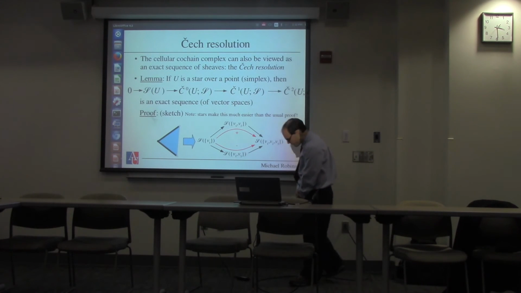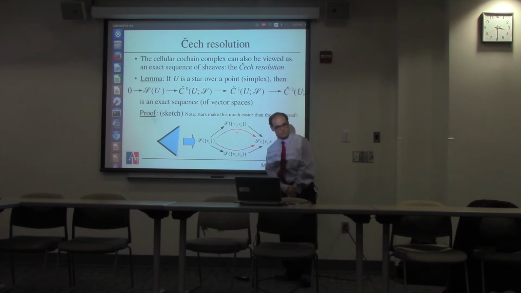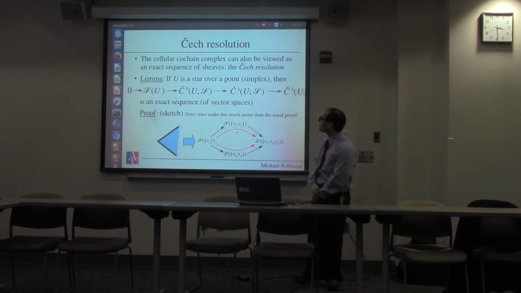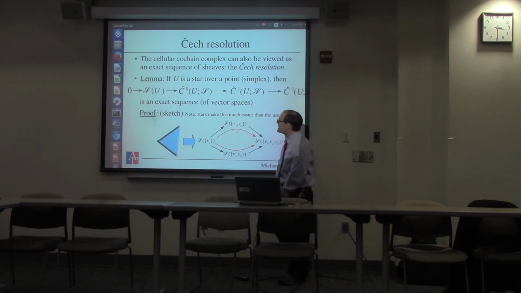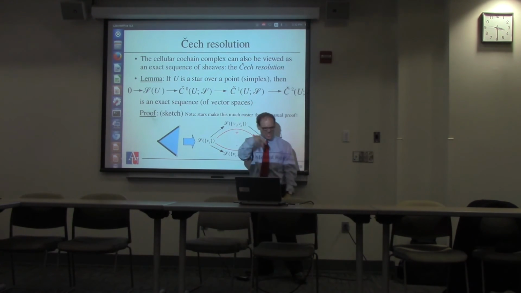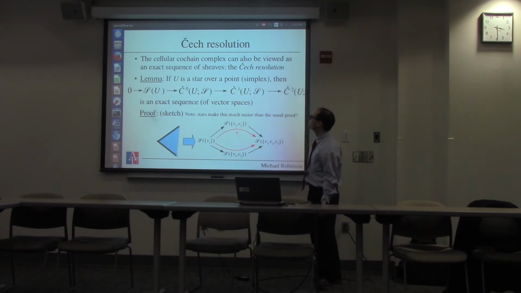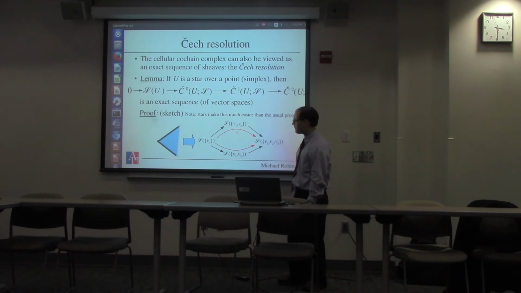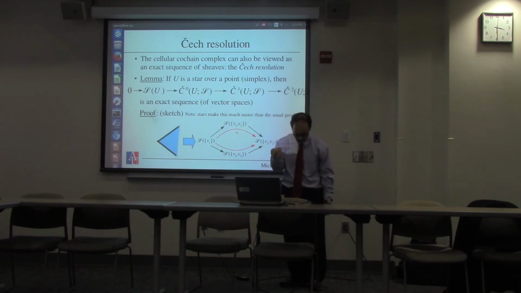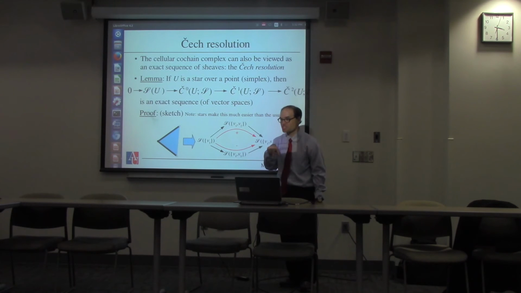See, one of the things that's going on, this is still the complex that we were looking at a little while ago. If I organize my data like so, and I focus in on one star over one particular simplex, then I get an exact sequence like this. And in particular, the reason why I did not get homology in this case is because I'm focusing my attention on a single point and not asking for any consistency checks, cross-consistency checks.